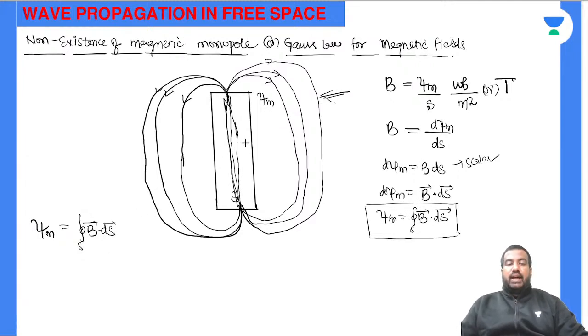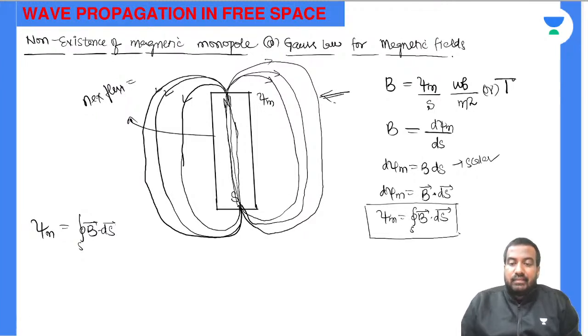And if you consider here, what is the net flux generated by this magnet here? Anyone? What is the net flux generated here?